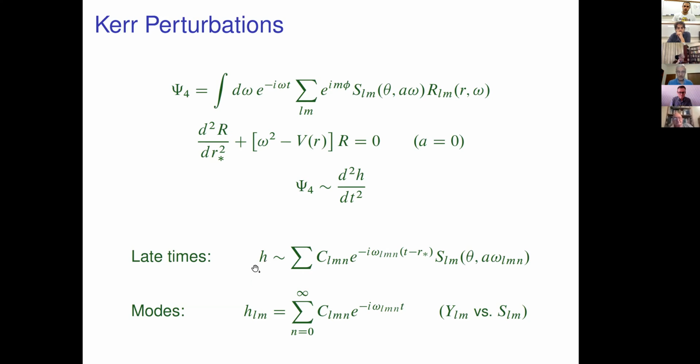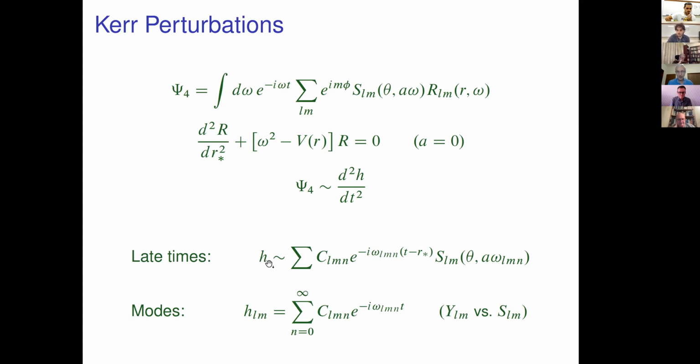We can take the h and decompose it into spherical harmonics. I'm glossing over a distinction between the spin-weighted spherical harmonics and ordinary spherical harmonics that makes a few percent correction if you did this more carefully, so I'm going to simplify and ignore that for the purposes of this talk.